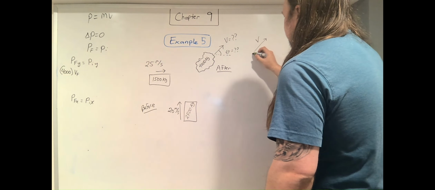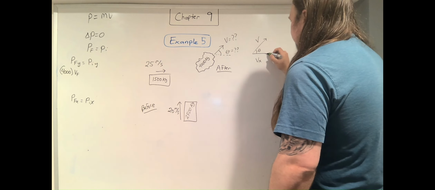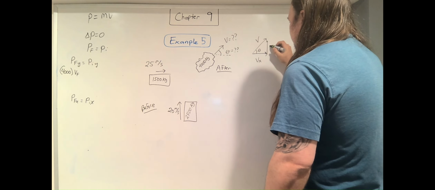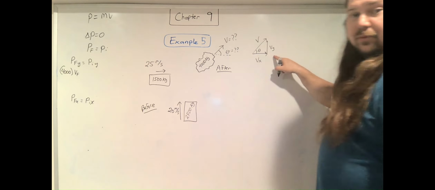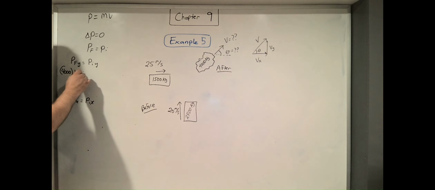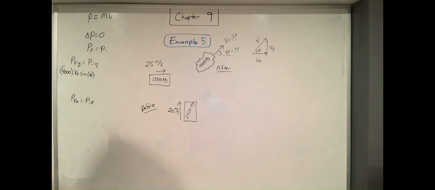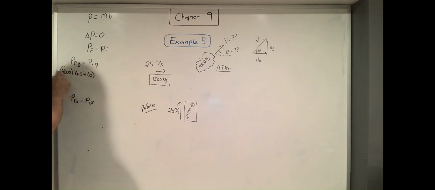If this is the total v and this is the angle theta, then this is the x component and this is the y component. I'm looking for the y component here, so that's going to be the opposite. So that's going to be sine of theta. We don't know any of that yet, so this one's looking like it's going to be a tough one. All right, well, that's all that's happening there.